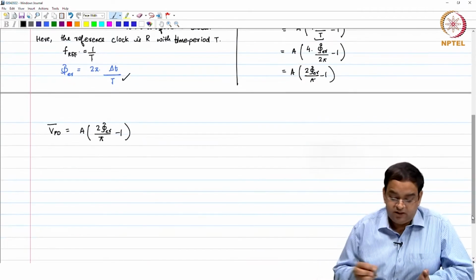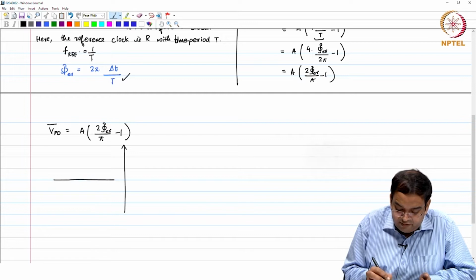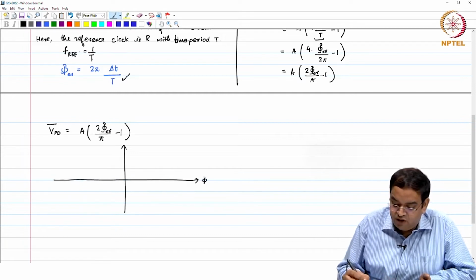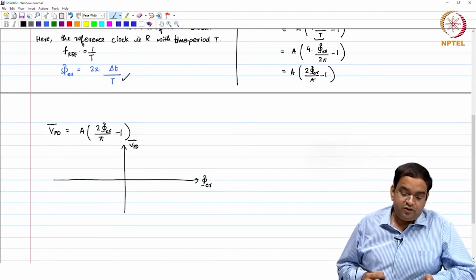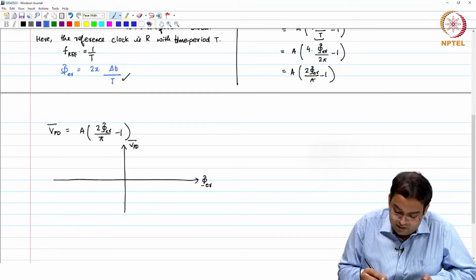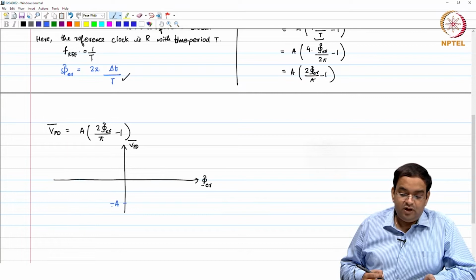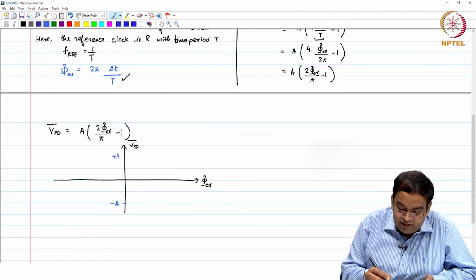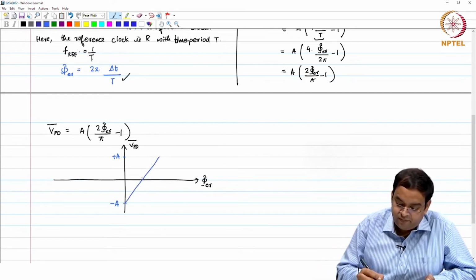Okay. Let us just plot this. So, here I am going to plot the average of the phase error detector output with respect to phase error. When phase error is equal to 0, at that time you will have the value of minus A, okay, and when phase error is equal to pi, at that time you will have plus A, okay, and then in between you will go from minus A to plus A. Okay.